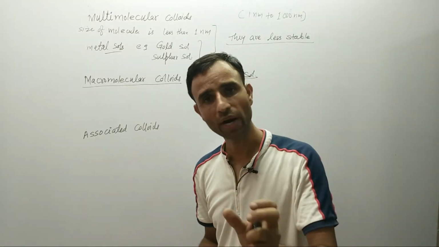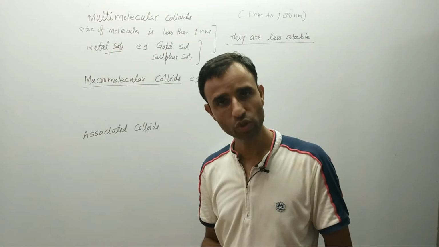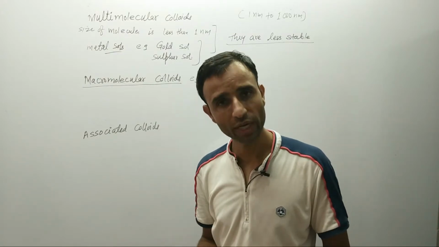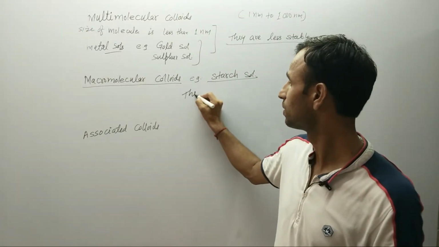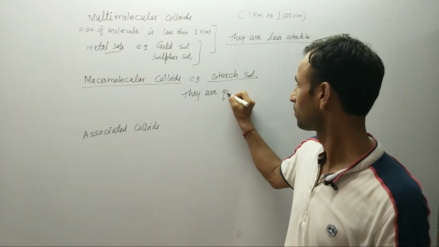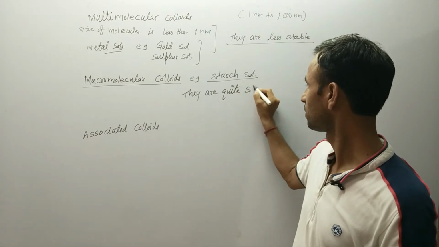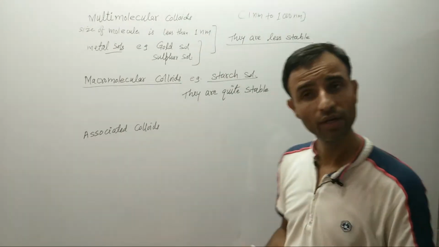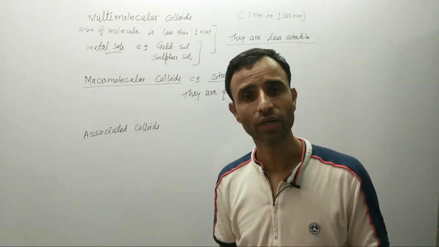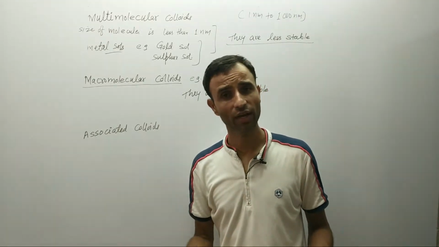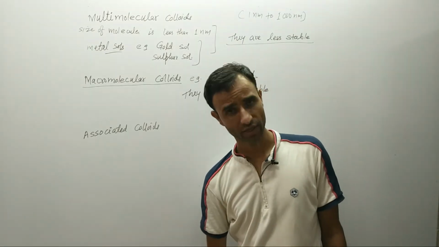When we add those particles in the dispersion medium, they form macromolecular colloid and they are quite stable. The reason being, a single particle can behave as a colloidal particle.